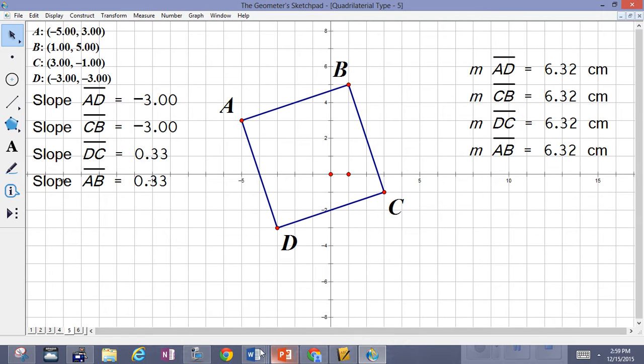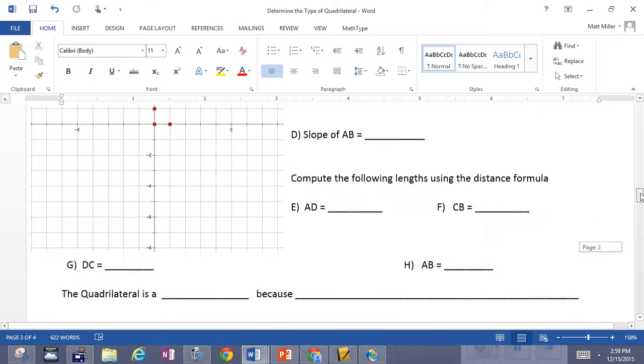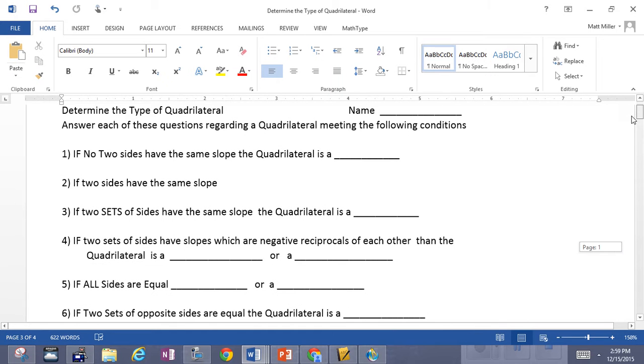Okay, so this is the line of questioning I'm going to offer you in this exercise, this kind of thing, okay? If two sides have the same slope, the quadrilateral is a blank. What is it, okay? If two sets of sides have slopes which are negative reciprocals of each other, then the quadrilateral is, well, negative reciprocal slopes would imply perpendicular, which would imply, okay, either a rectangle or a square.